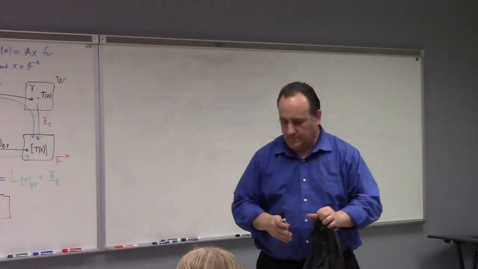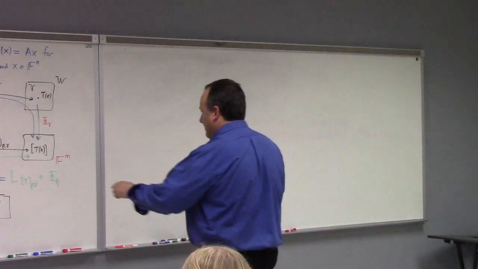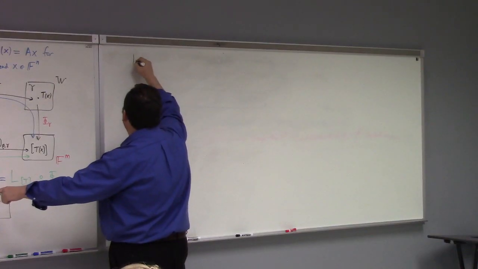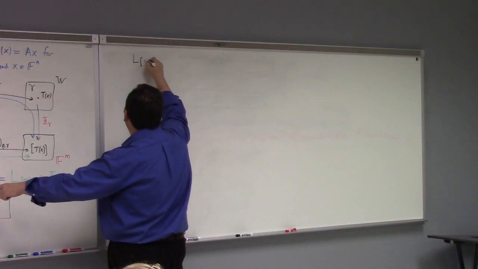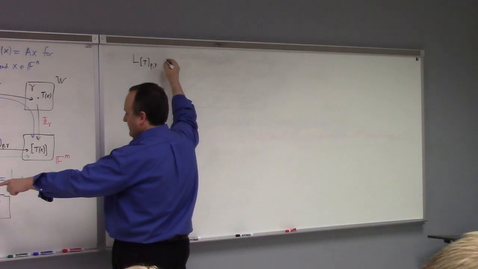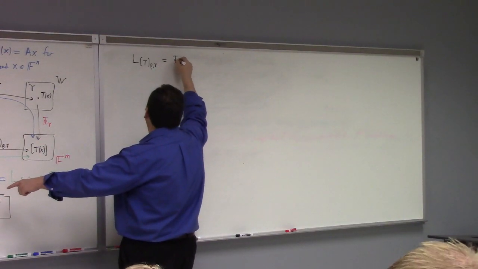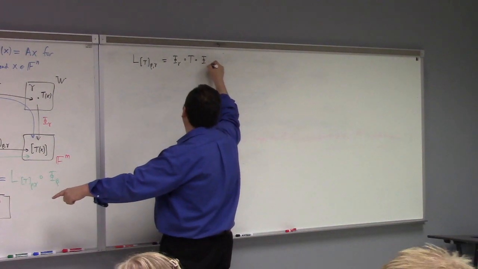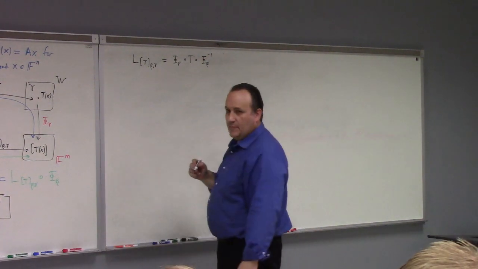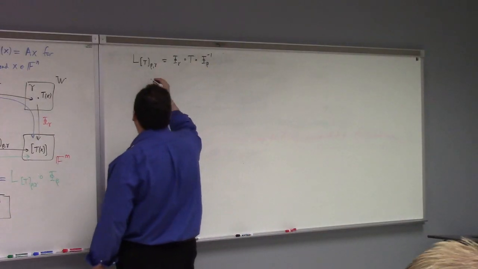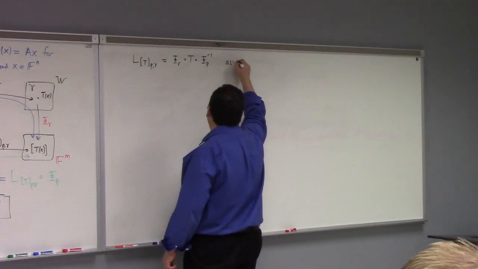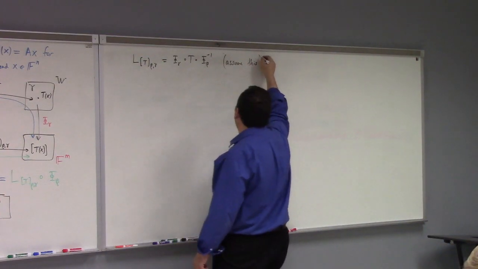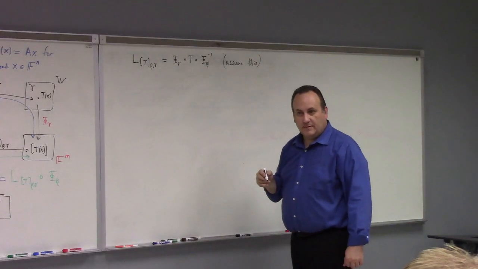So suppose we know left multiplication by T beta gamma is equal to phi gamma composed with T composed with phi beta inverse, all right? So let us assume this. I think if we do this right, this calculation is going to be reversible though. All right?